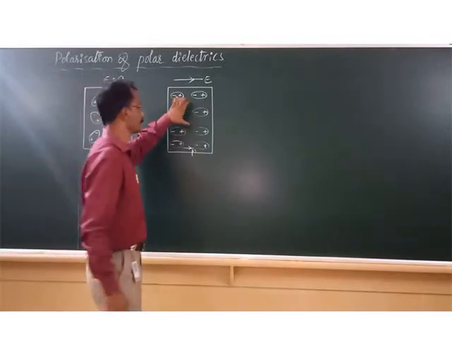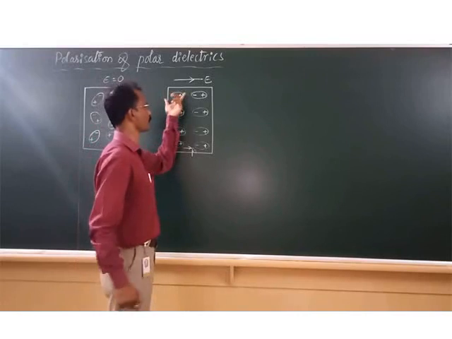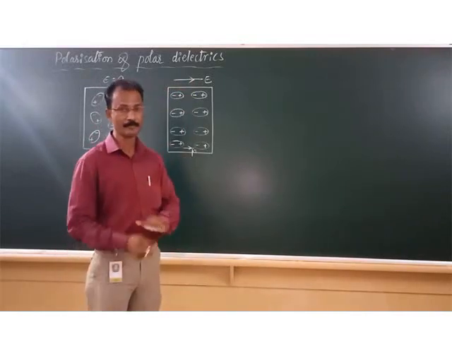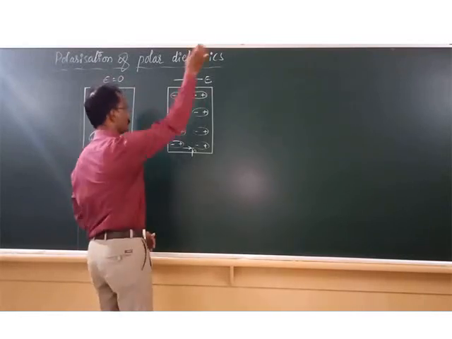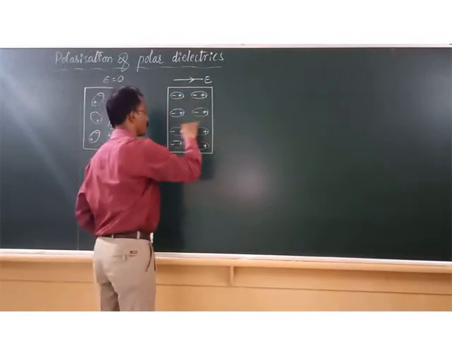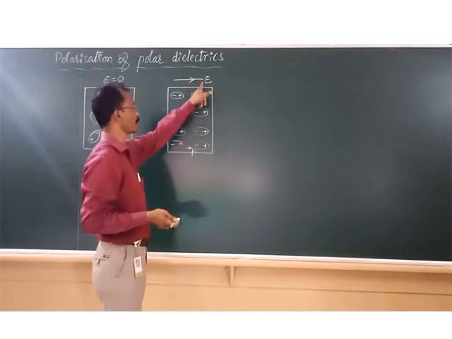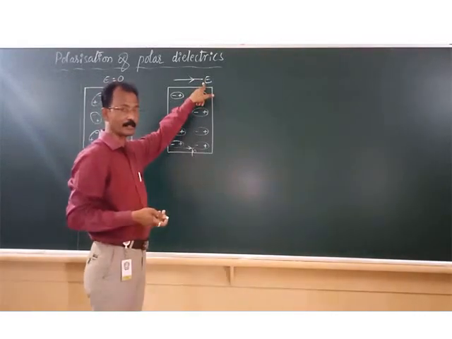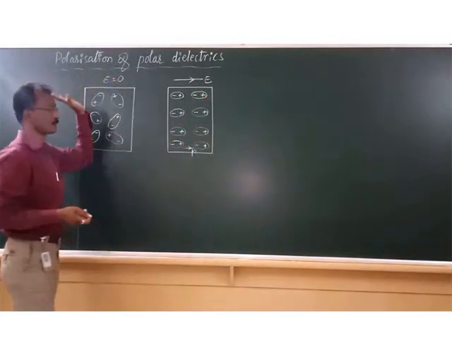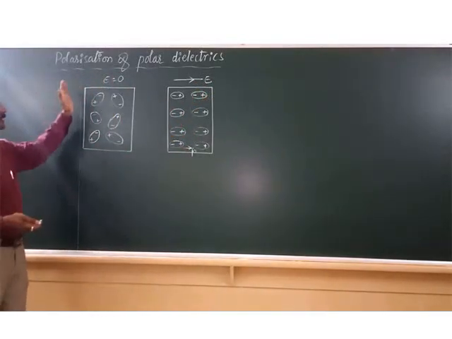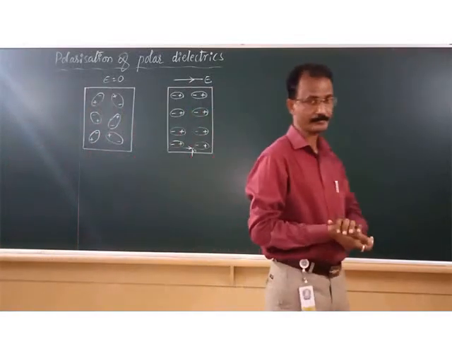But in this case, when the external electric field is applied, these dipolar molecules align with the direction of the external field. Therefore the dipole moments of all the molecules add up to give a net dipole moment in the direction of the external electric field. Now the dielectric slab is said to be polarized. This is polarization of polar dielectrics.